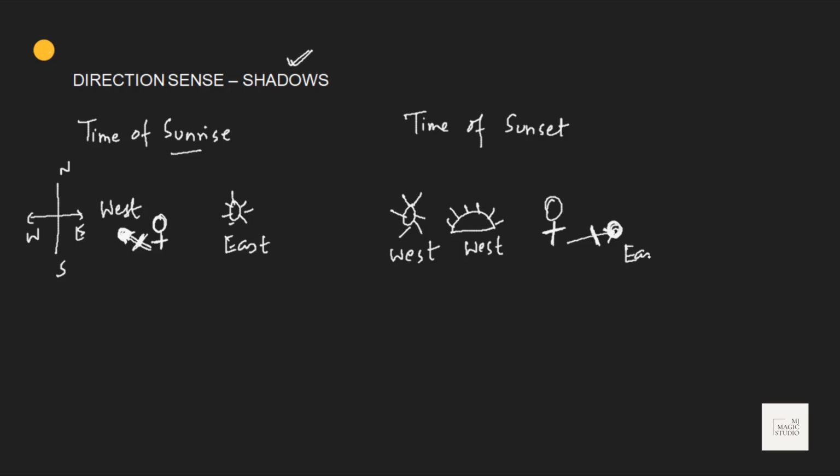Towards the east. So the sunset shadow would be towards the east and the sunrise shadow would be towards the west. So in the evening when the sun sets in the west, the shadow of a person or an object falls in the east, just for the records.